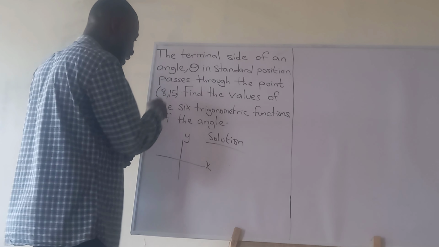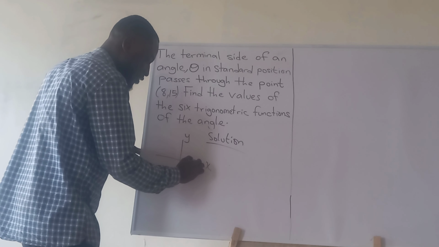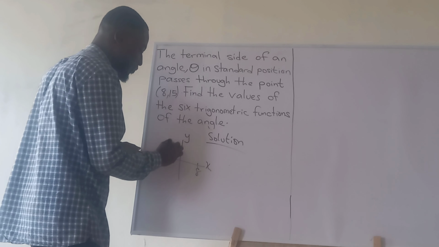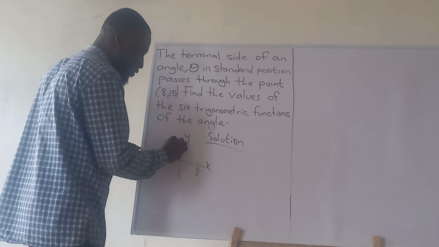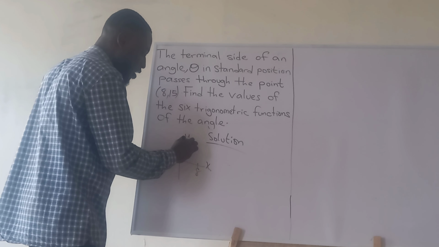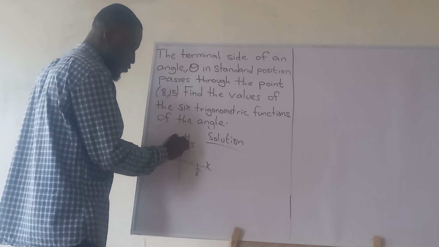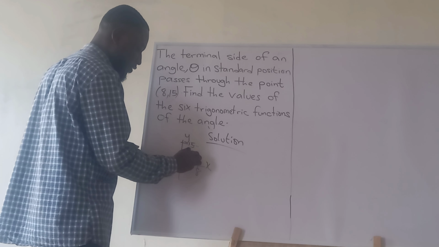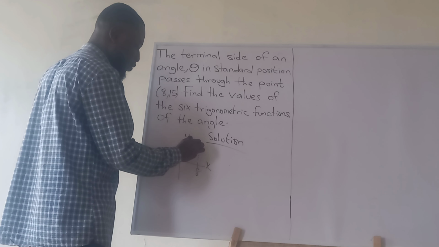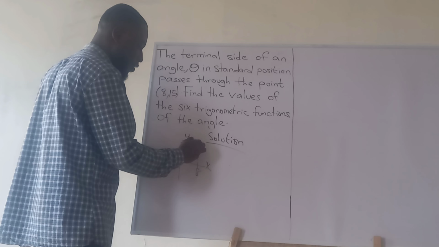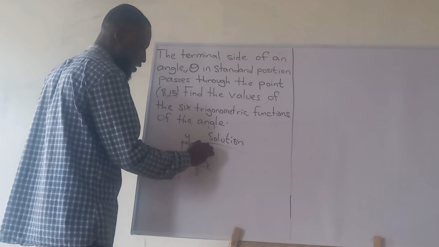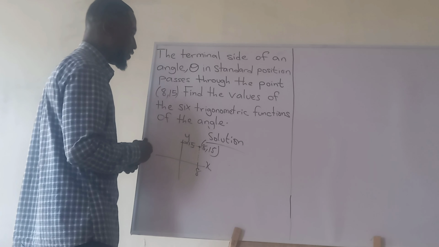In this case, the 8 is positive, meaning it will be found somewhere here. The 15 is positive, meaning it will be found somewhere here on the y-axis. So when we join these, they meet here, meaning our point lies here, (8, 15).